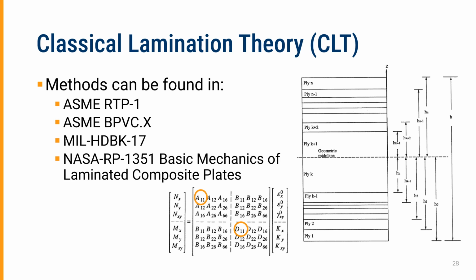What happens with a ply stack, as I show in this image here, is that we can assemble a matrix representation relating loads and moments to the strains, measured or actual strains, and rotations that occur by developing these coefficients. In fact, I develop A11 and D11 on the next two slides. That's why they're circled.